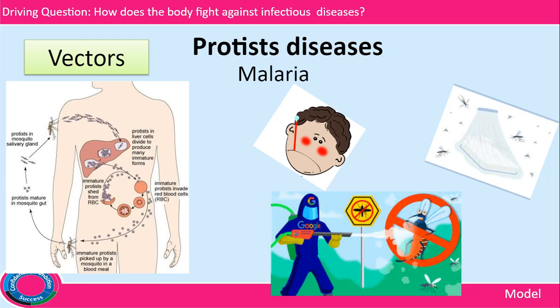And also high temperatures increase the rate at which the mosquito matures. So temperature is a factor that can increase the rate that the mosquito matures. And obviously, if you have more mosquitoes, you're going to have more malaria. But there's also an optimum temperature.